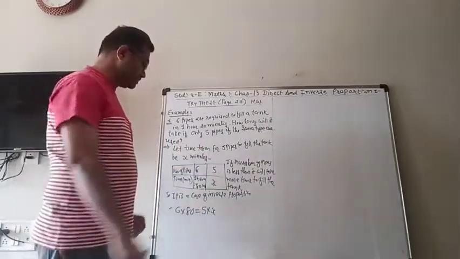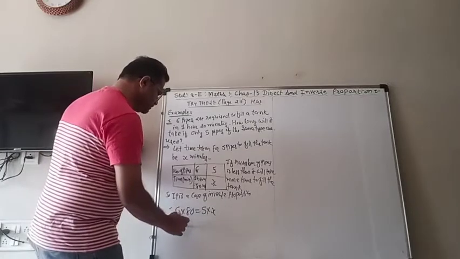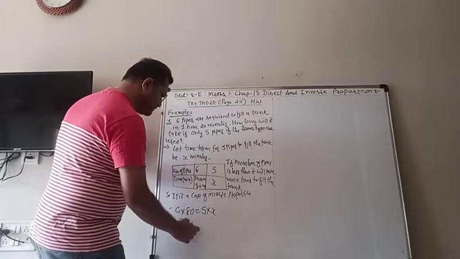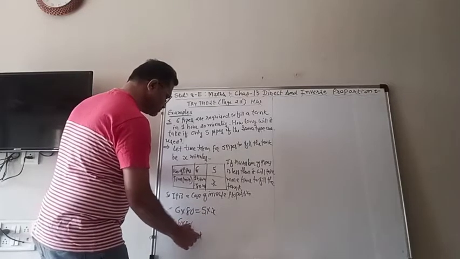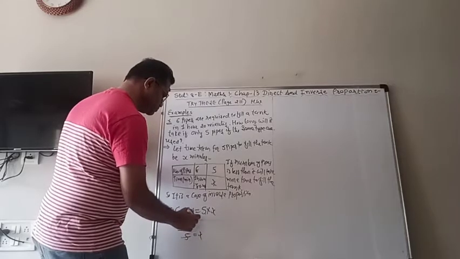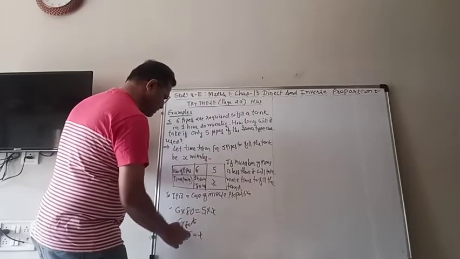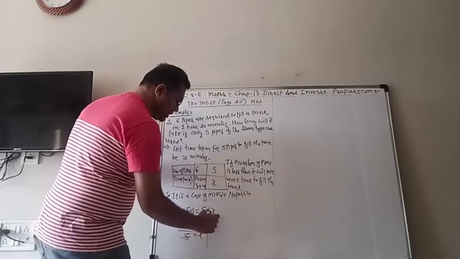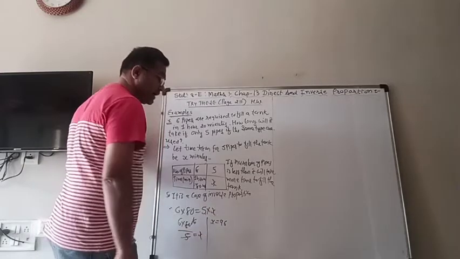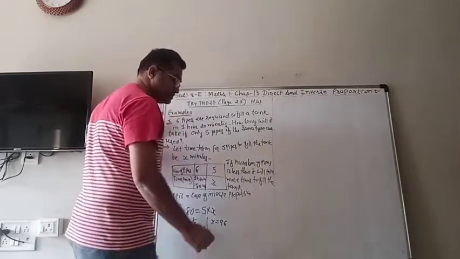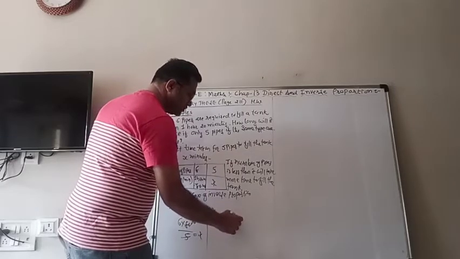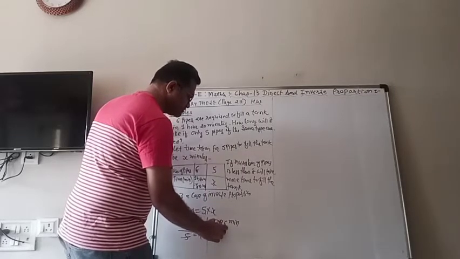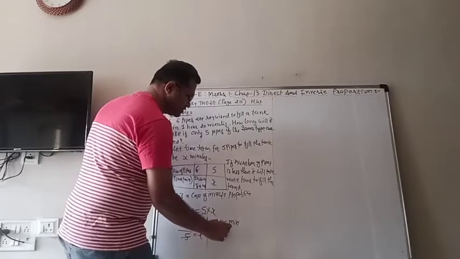Here, multiplication. So, 6 multiplied by 80 divided by 5 is equal to x. 96. So, x is equal to 96 minutes.